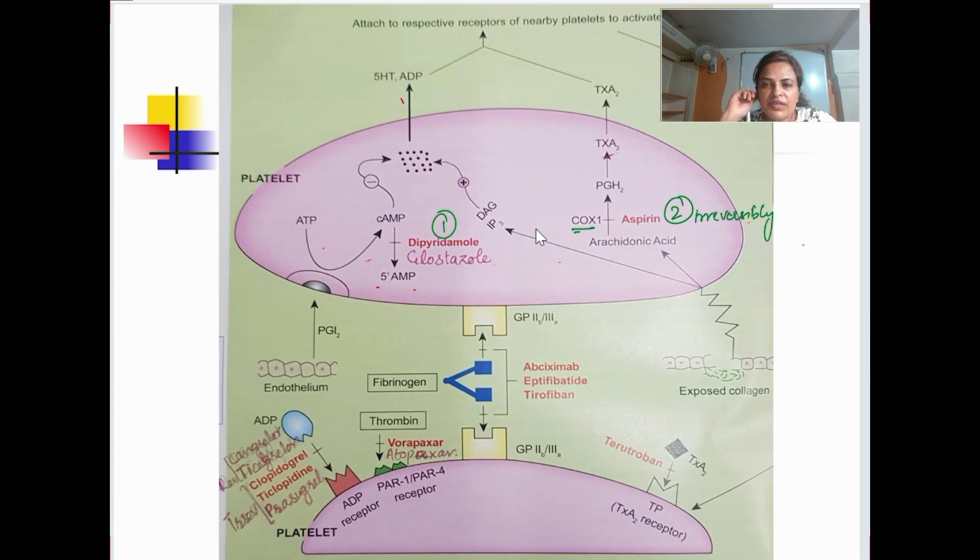Now if it inhibits this COX enzyme, then there will be no formation of PGG2, no formation of PGH2, no formation of thromboxane A2. Nothing will be formed, and it won't be released, and it is not going to act here. There will be no activation, no aggregation of the platelet.